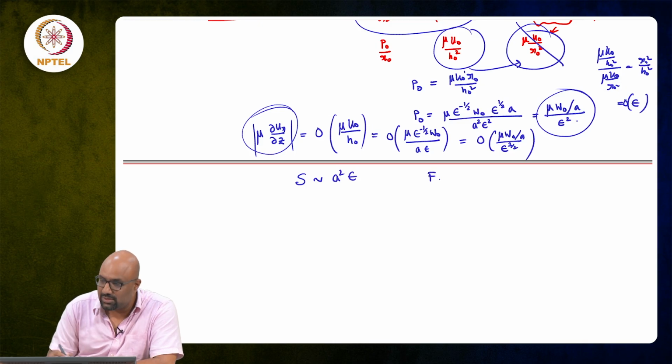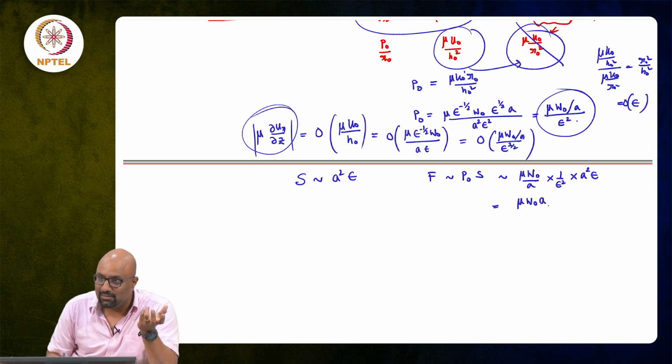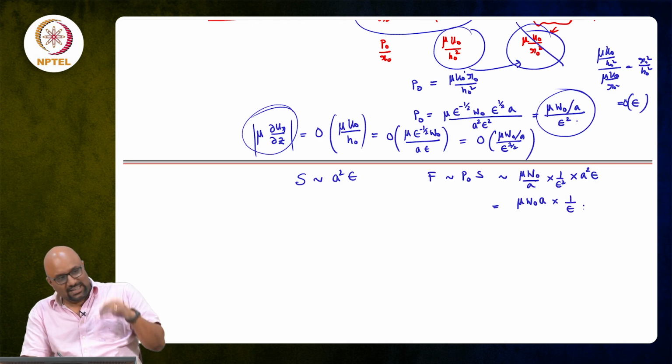Which means the force is going to have a P naught S, which will be mu W naught by A into 1 by epsilon square into A square epsilon, which means the force acting on one of the spheres would be the Stokes drag scaling, mu velocity area, into 1 by epsilon. This is the key result.